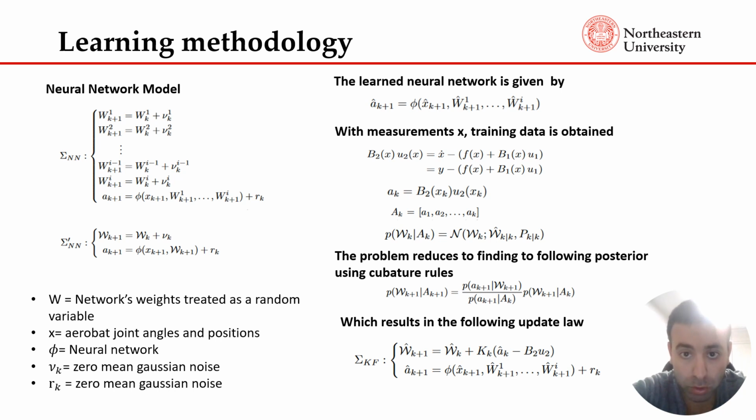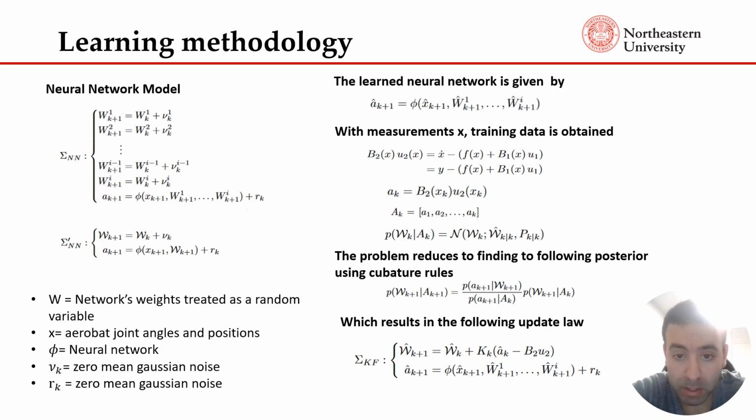To train the network, we use our measurement y and our partial knowledge of the model to get the empirical value of the aerodynamic forces acting on the robot. With measurement x, the training data is obtained, as described at the upper left side of the slide.